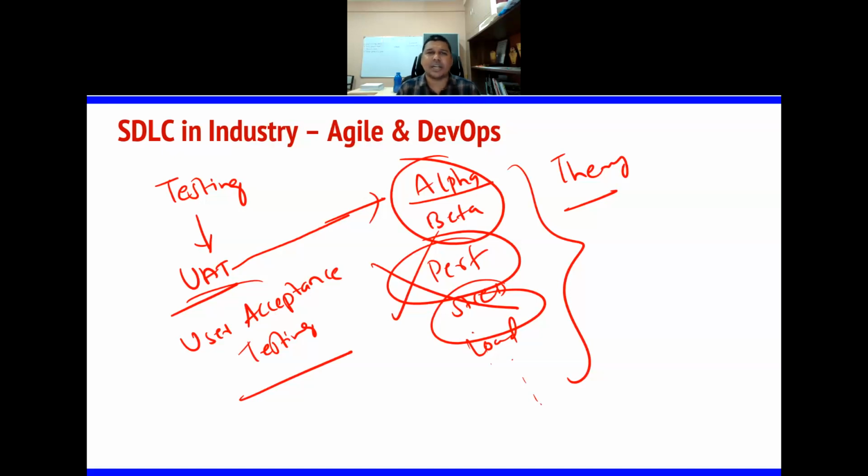So that is the only difference. Alpha beta testing is only difference in location, where it is happening. Is it happening in my office or is it happening in the client's office? That's the difference between alpha beta testing. That is part of UAT, user acceptance testing, because user has to definitely test it. The client who gave the requirement, he has to definitely test it.